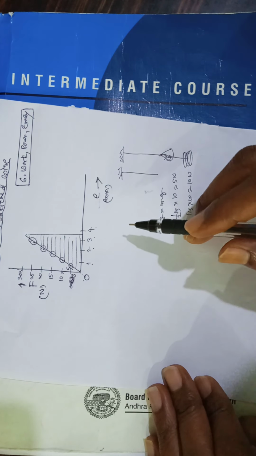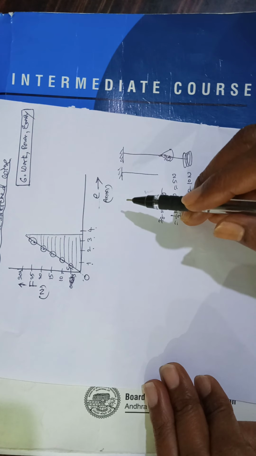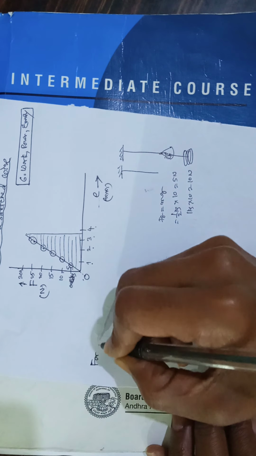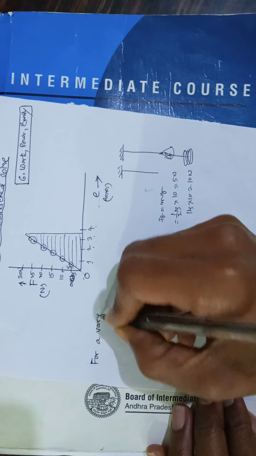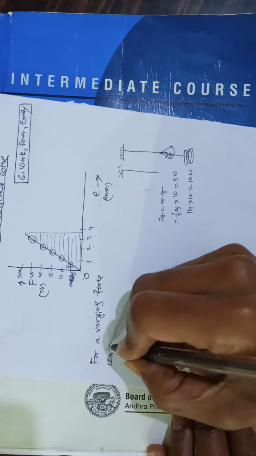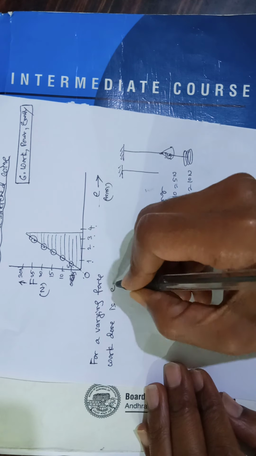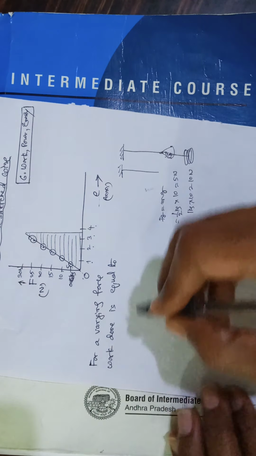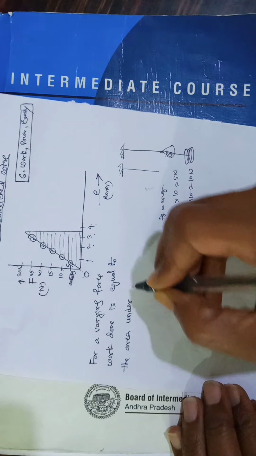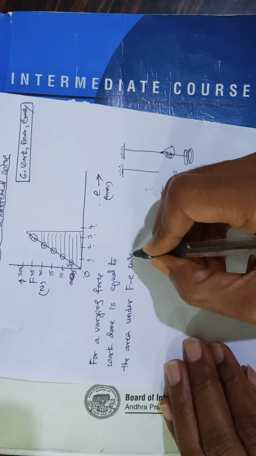So for a varying force, here the force is varying. For a varying force, work done is equal to the area under the force displacement curve.